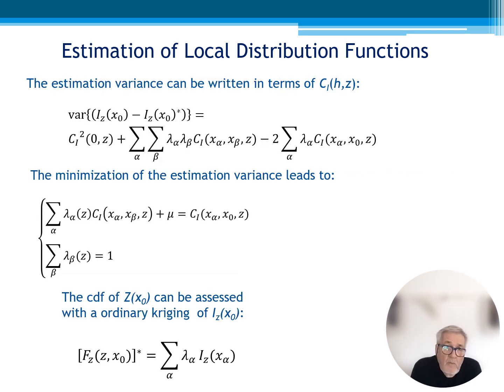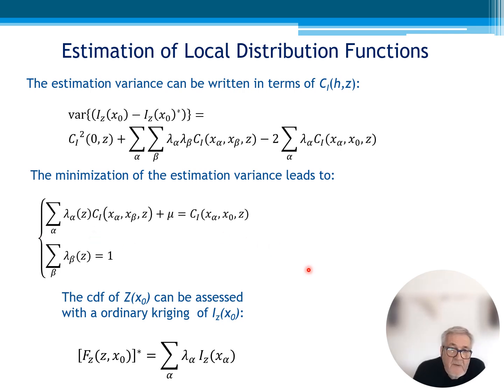We first write the estimation variance in terms of the covariances, the covariance of the indicator variable here, and when we minimize this estimation variance, it will lead to the classical system of equations of ordinary kriging of the indicator.